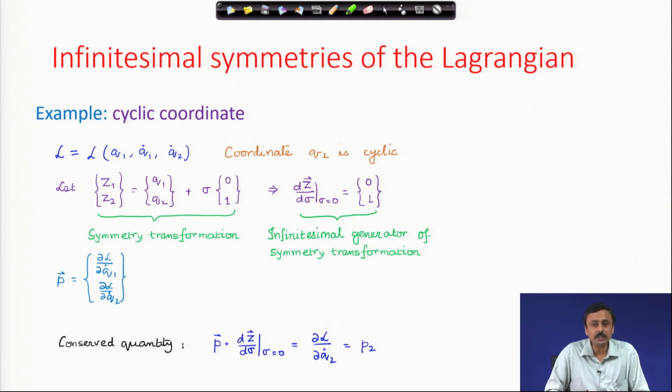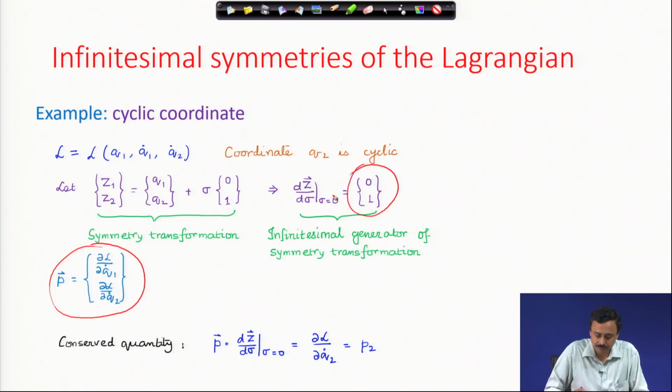And what is the conserved quantity? The generalized momentum vector dot the generator of the infinitesimal symmetry transformation, which is d z d sigma at sigma equal to 0. If you do that calculation, this is our generalized momentum and this is our generator.